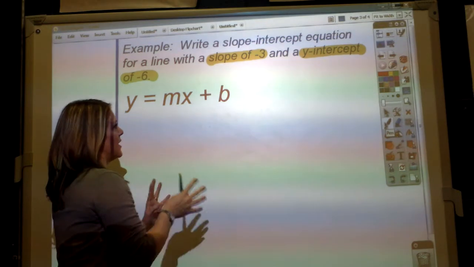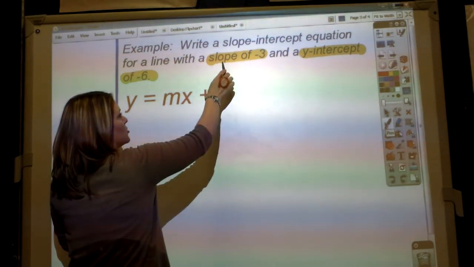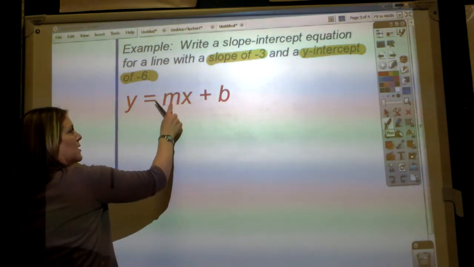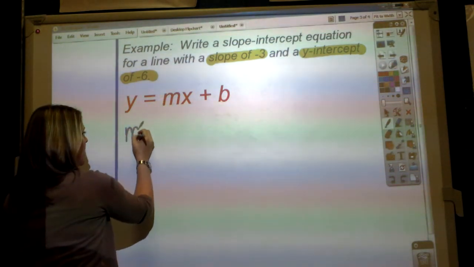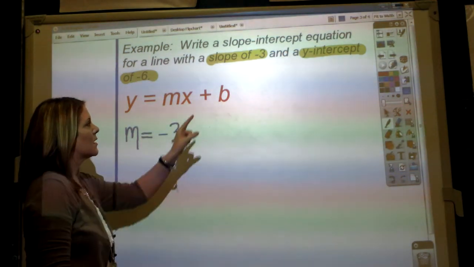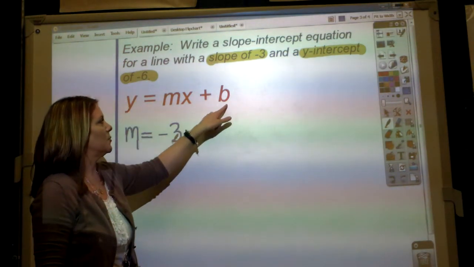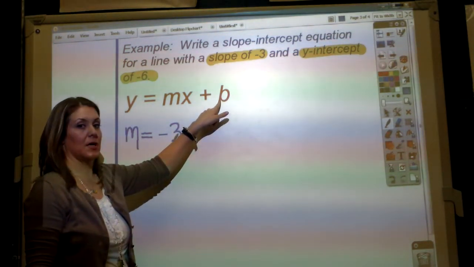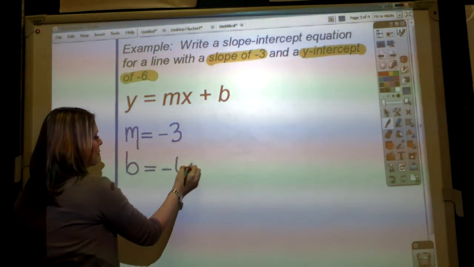Slope is represented with that m, so m has been given to us. It's -3. Y-intercept is always labeled with the lowercase b, so they also gave us the value for b.